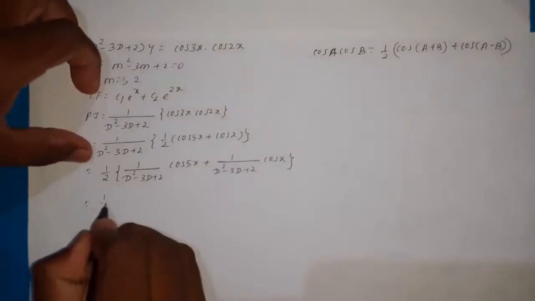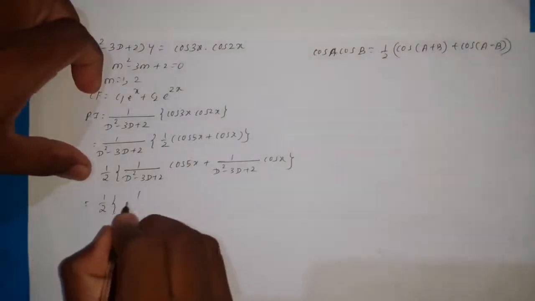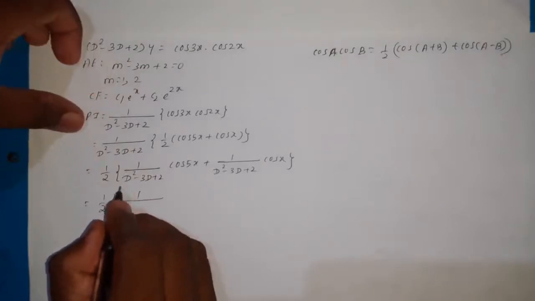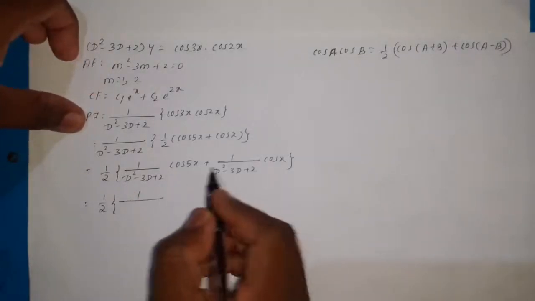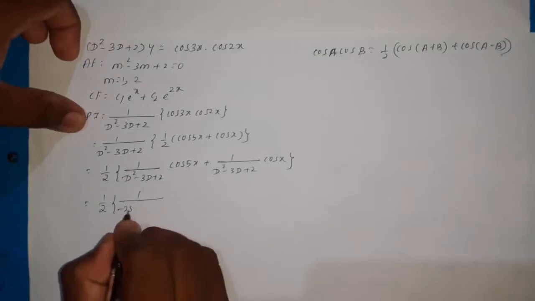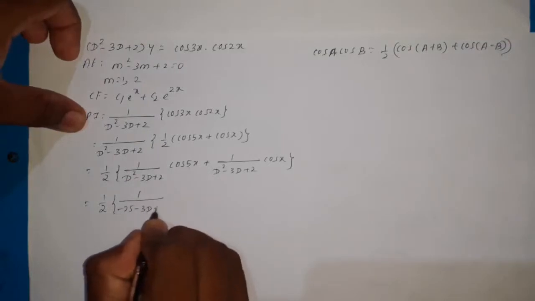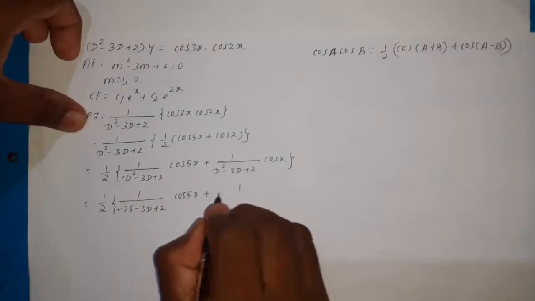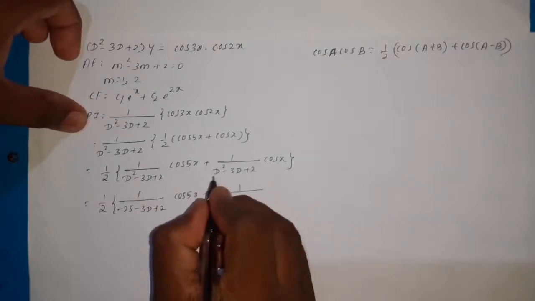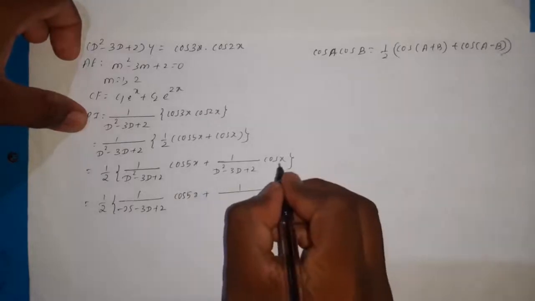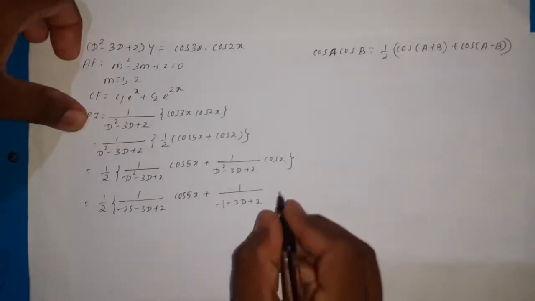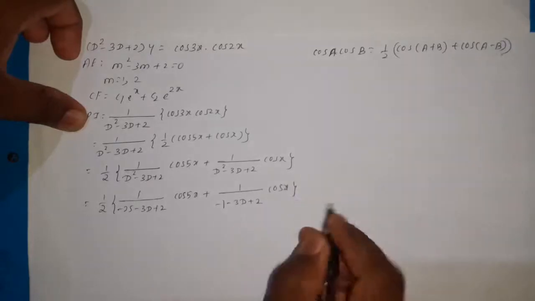Now it is 1 by 2 into 1 divided by. So here d square equal to what? Minus a square, and a is 5. So minus a square means minus 25 minus 3d plus 2 cos 5x plus 1 divided by. So here d square is minus a square and a is equal to 1. Then it is minus 1 minus 3d plus 2 cos x.